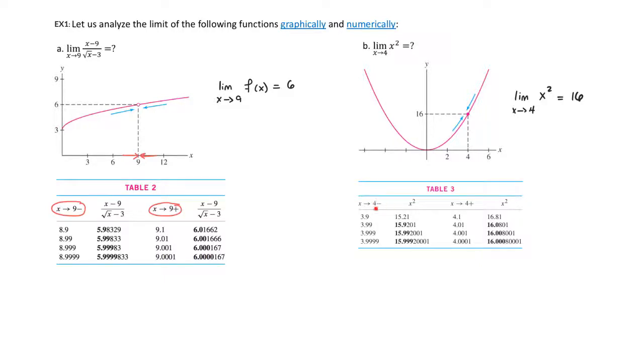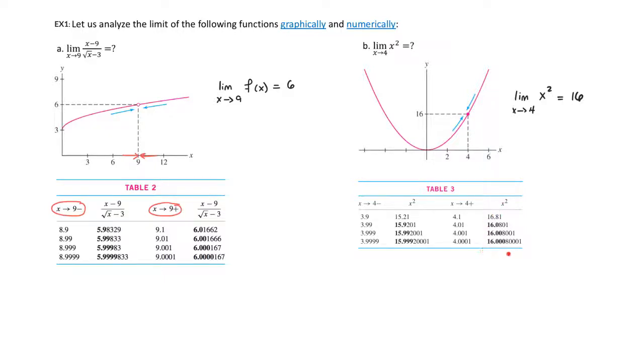Again, on the left of 4, look at the x values. They're getting closer and closer to 4. So 3.9, 3.99, and so forth. If we look at the y values, they're clearly getting closer and closer towards 16. And on the right of 4, 4.1, 4.01, the x values are getting closer and closer to 4 from the right of 4.